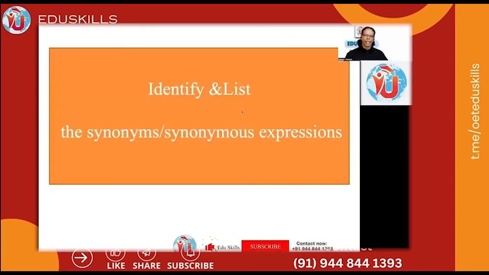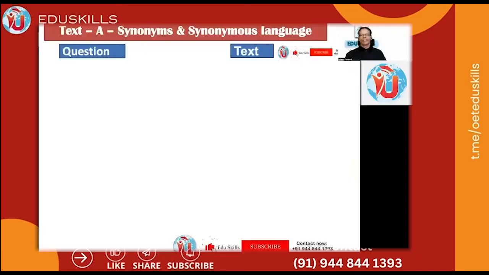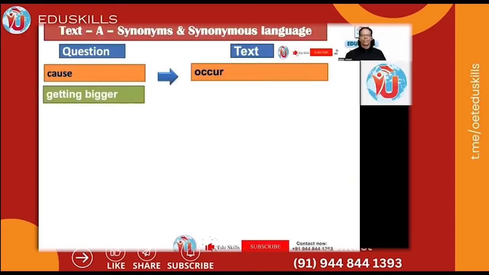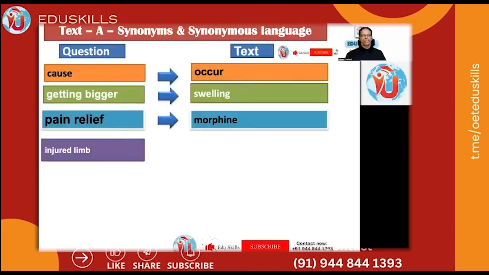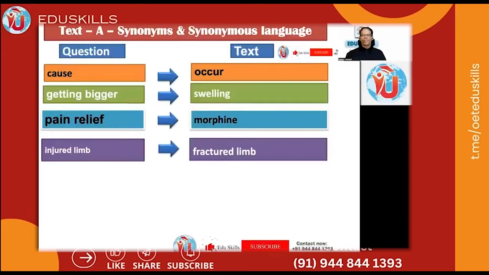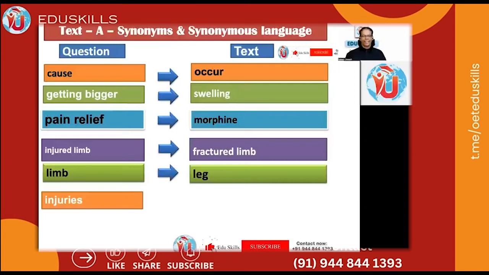Right. And identify and list the synonyms and synonymous expressions. Now you see cause, occur, getting bigger, swelling, pain relief, morphine. When they say morphine, you should understand it is pain relief. Injured limb, fractured limb. Limb, leg.